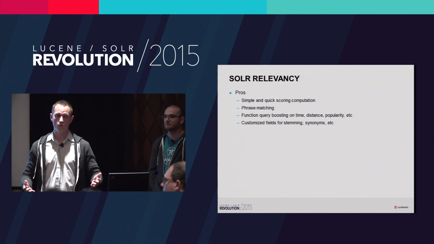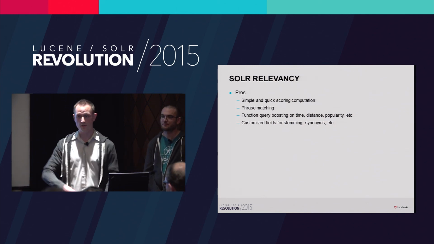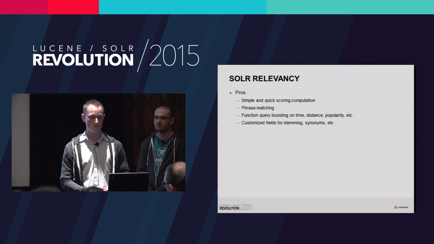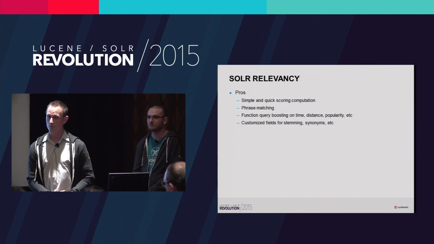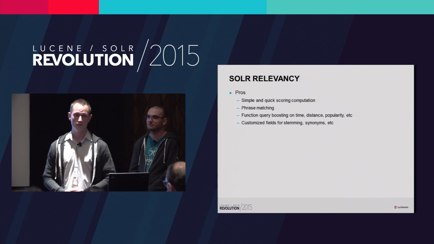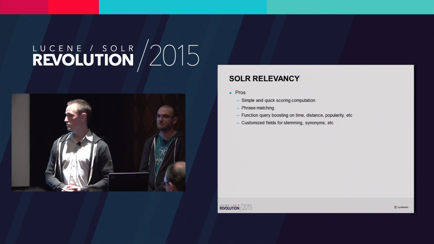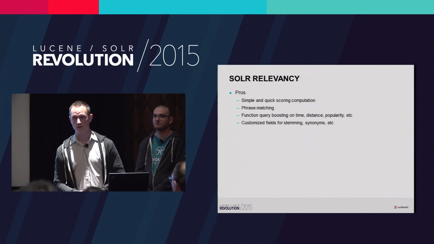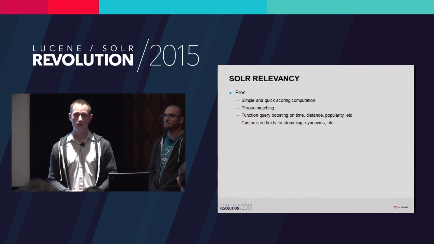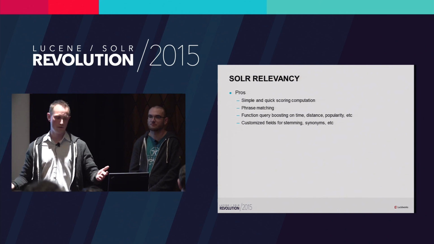So maybe if your document was published this week versus a year ago, you'd want that to be incorporated in the score. You can also do things like incorporate geo-distance. So if your documents are restaurants, you'd want to take into account the fact that a restaurant is closer to you than some other restaurants, so you want to also include that in your score.